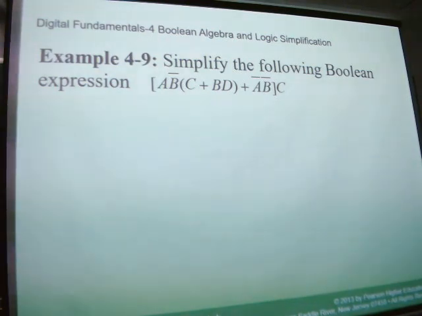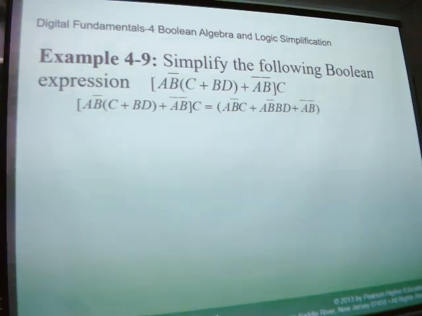Example 4.9. Simplify the following Boolean expression. A little hard. First, according to the distributive law, we know that this expression can be written as AB bar C plus AB bar BD.